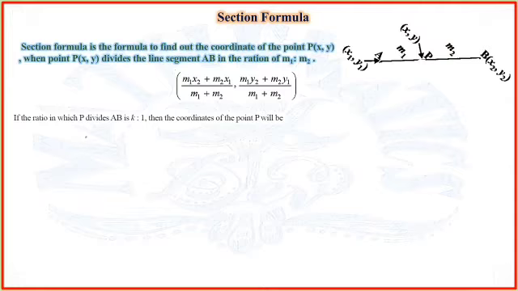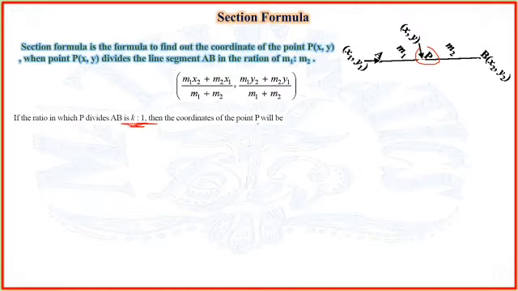Then if the ratio in which P divides AB is k ratio 1. Sometimes, when the ratio is not given, that is m1 and m2 are not given, and we are asked to find the ratio, at that point we assume that the point P divides the line segment AB in the ratio of k ratio 1.